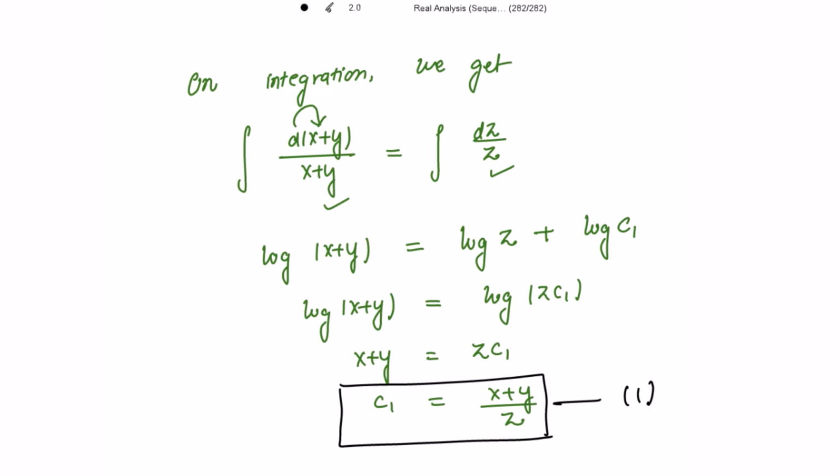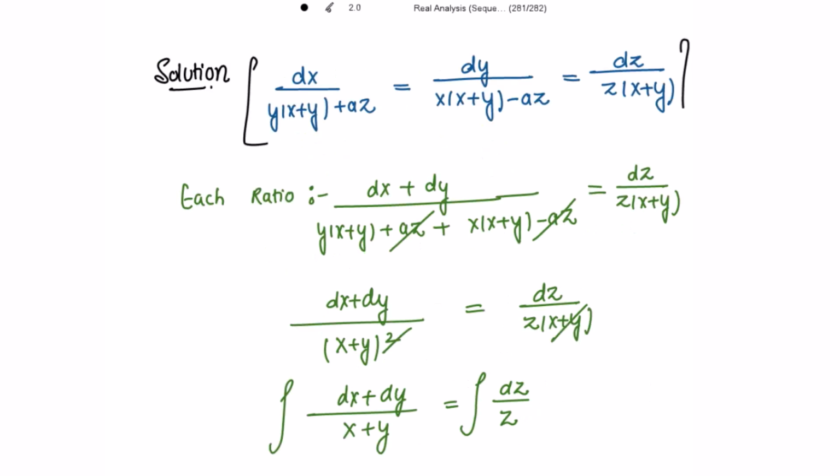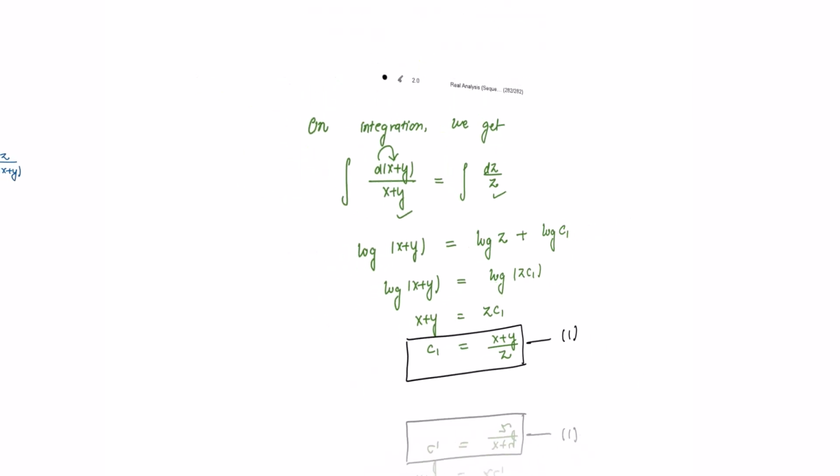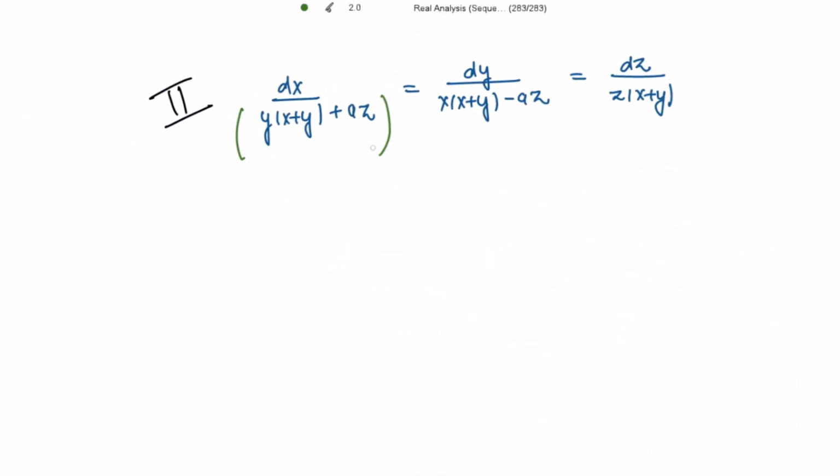Similarly, we can get the other one from this differential equation. If this is the first way to get the solution, we can also have another way, where I multiply this denominator with x, this denominator with y, and this denominator with a. Let's have a look.